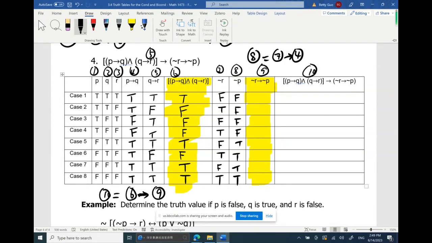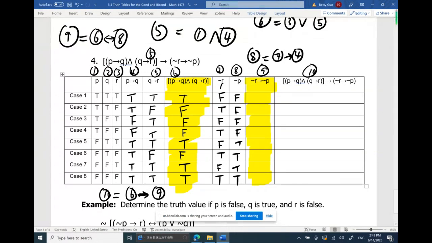Column 9 has antecedent 7 and consequence 8. All right, so we are looking for trust friends forever. This is not temporary.